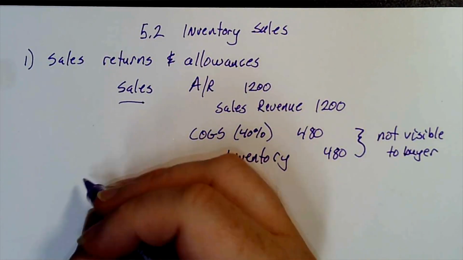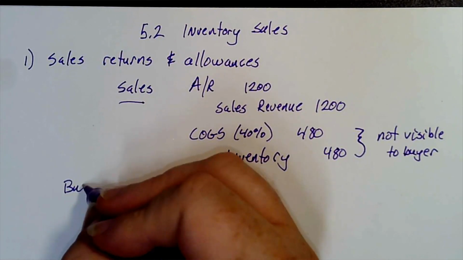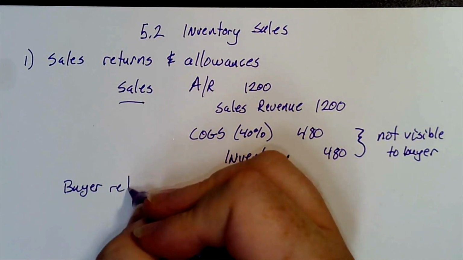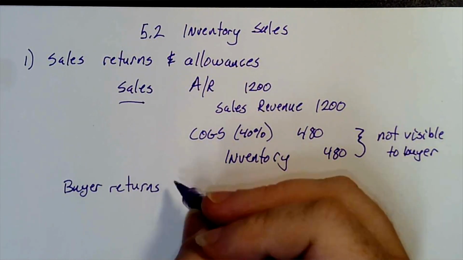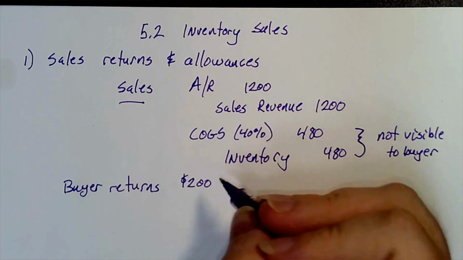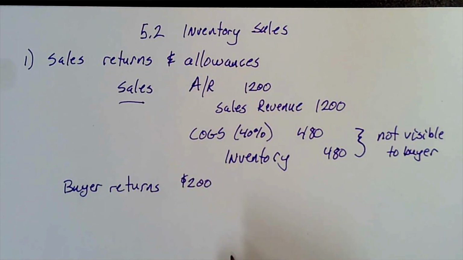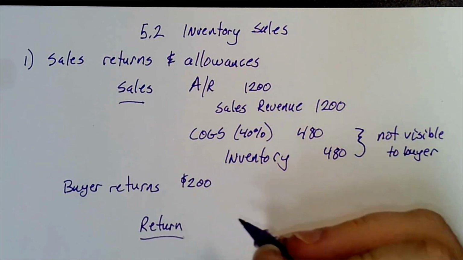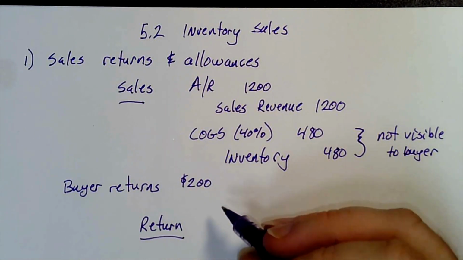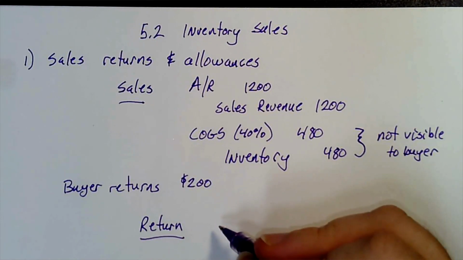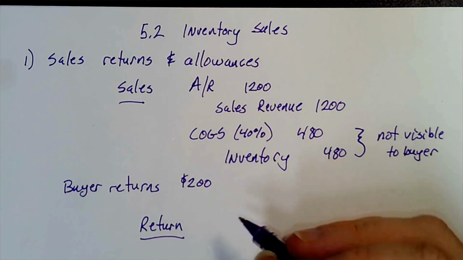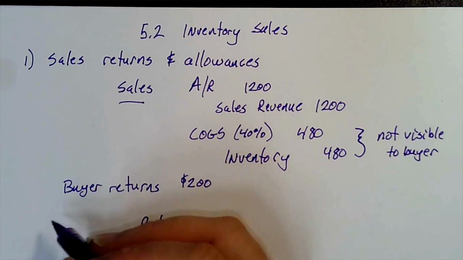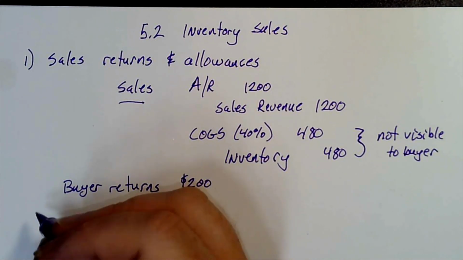And remember, in our other example, the buyer returns $200 worth of stuff. So from our point of view, the return would look like this. From the seller's point of view, let's maybe map out the accounts first.